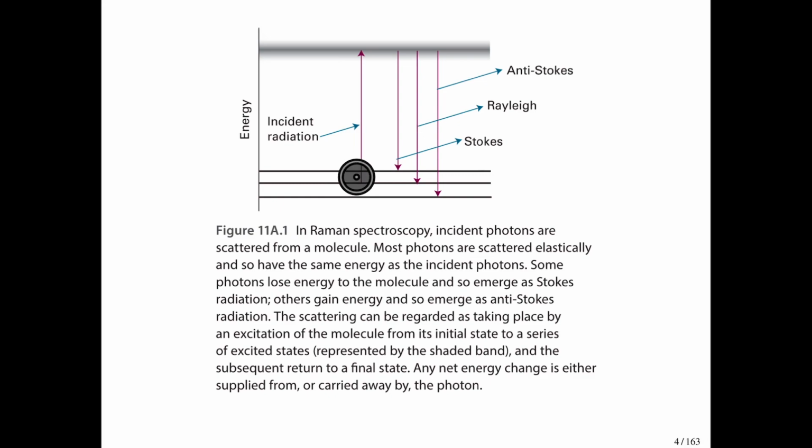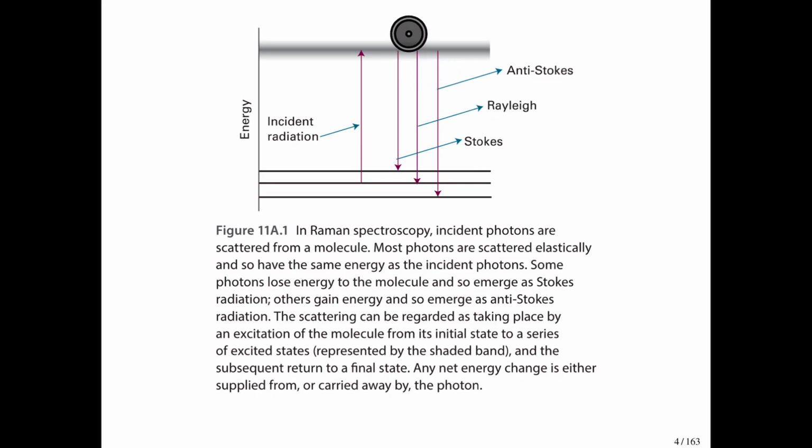You can imagine that the system gains that energy, but then very quickly it comes back down. Okay, and if the system comes back down to the exact same energy level, and then the photon goes off in a different direction, you would have what we identified previously as elastic scattering, and a synonym for that is Rayleigh scattering.